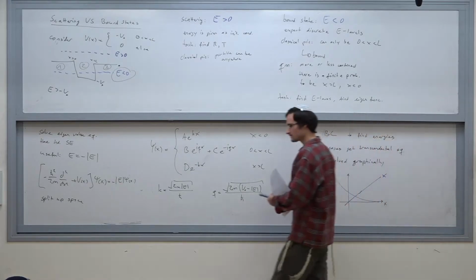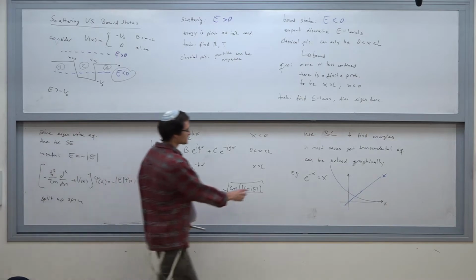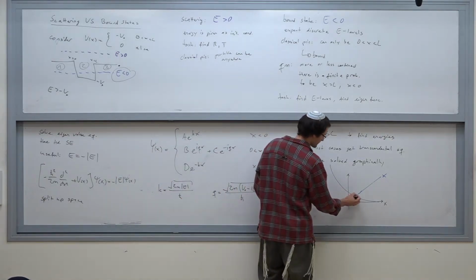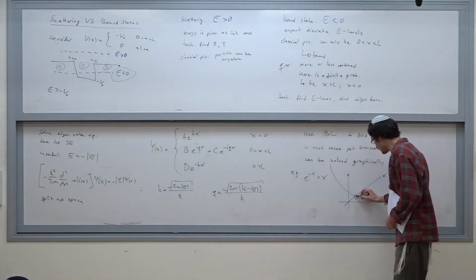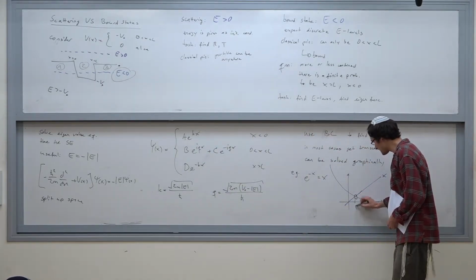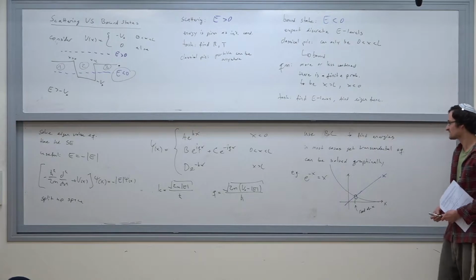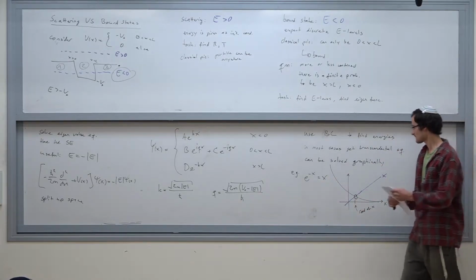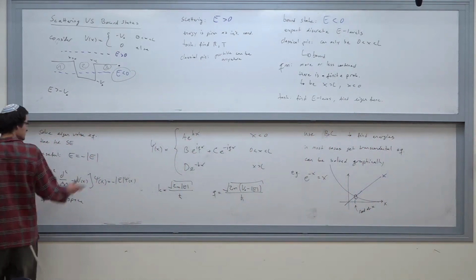You plot this, use a computer to do so, and then this equation is satisfied when these two functions intersect. So here. You then zoom in, read off the value here, and you can read off the value of x that satisfies this equation. That's what's called a transcendental equation, and that's how we solve it.